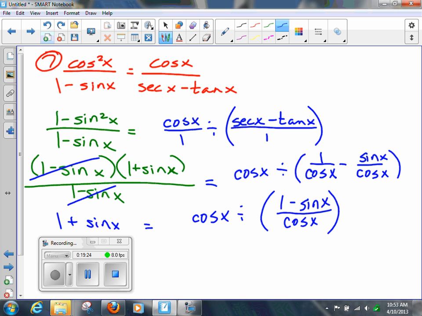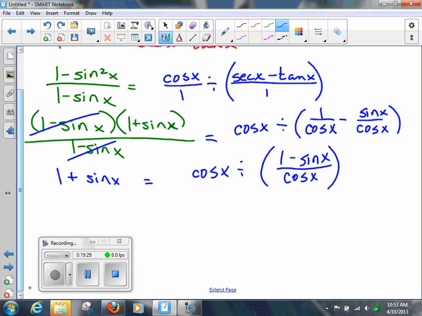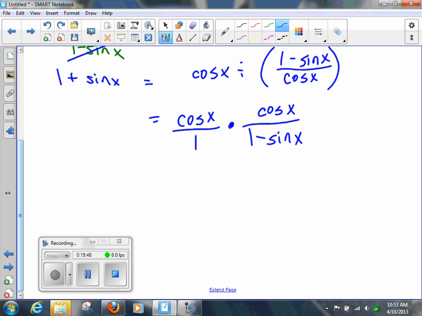What now? Ah, my favorite: copy, change, flip. Copy. Now I'm going to put it back over 1. Change, flip. I'm getting there. I'm seeing the light at the end of the tunnel, y'all. What am I going to do? Yes, you are. How do you multiply fractions?